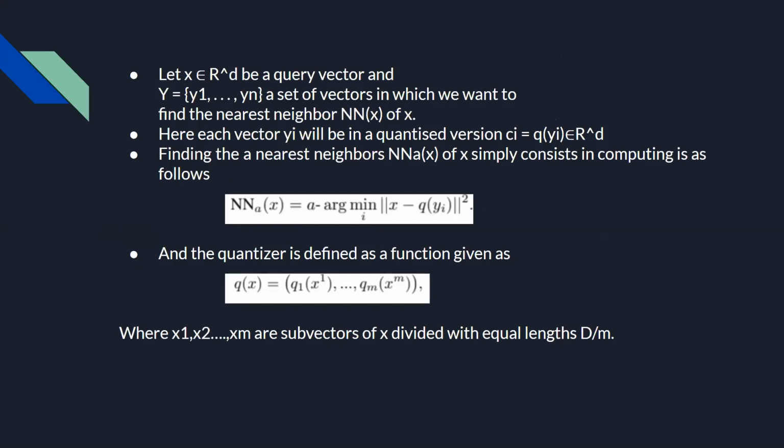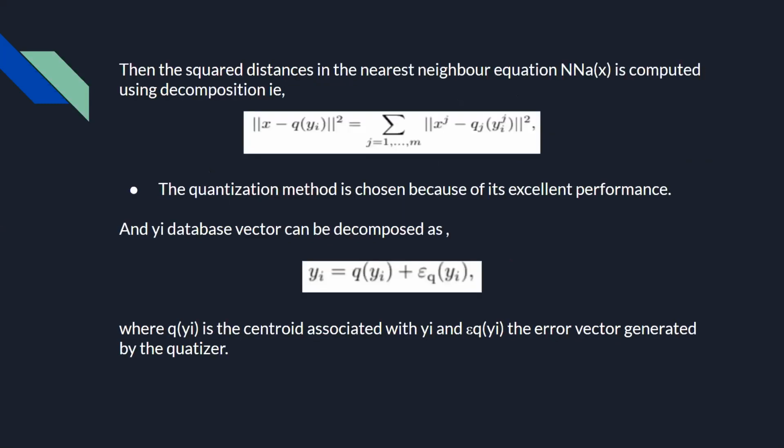So let's take a short view into the ADC approach. Here each vector VI will be in a quantized version. Finding the nearest neighbor of X simply consists in computing as follows in the formula. And the quantizer is defined as the given function below. Then the square distances in the nearest neighbor equation are computed using the decomposition.